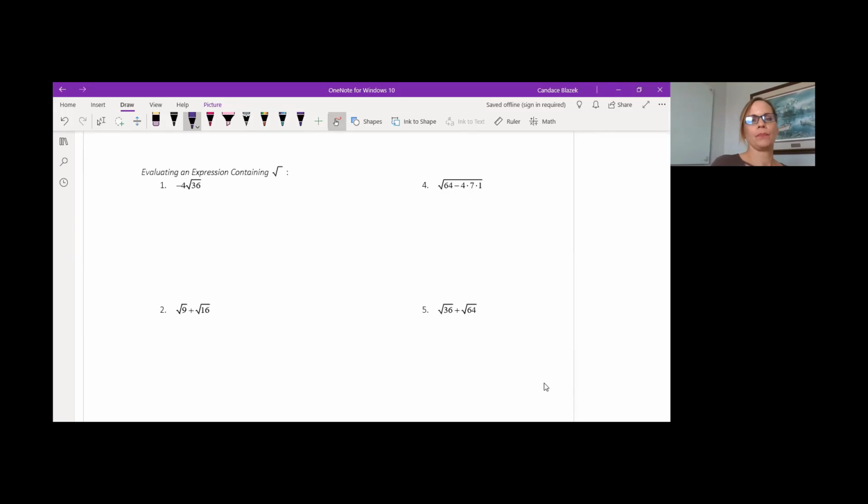As an example, if I were to read number 1, I would read it as -4 times the square root of 36. All right, so I'm going to do -4 times. Well, what is the square root of 36? The principal square root of 36. It is 6. So -4 times 6 gives me -24. That would be my answer.